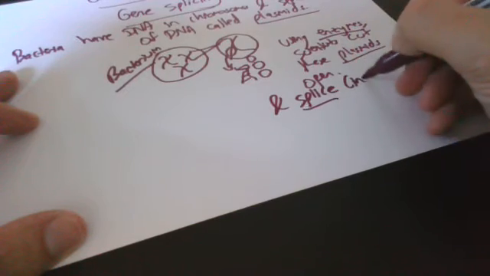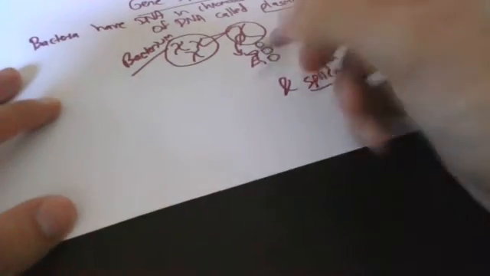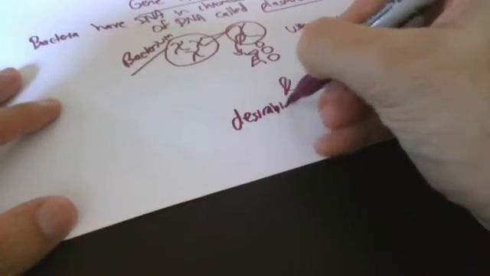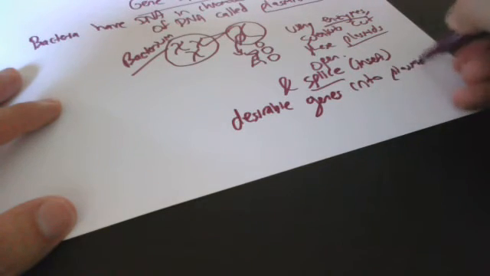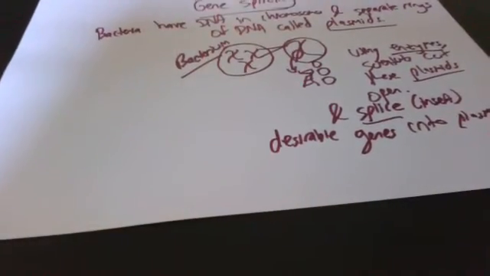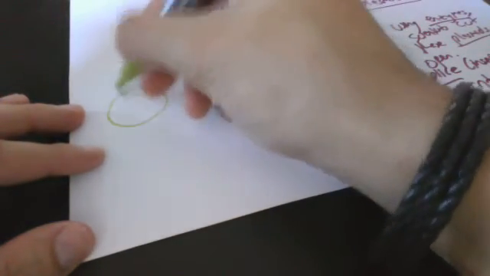Splice means insert. They inserted desirable genes into the plasmids. I'll show you how this is done. So let's say we've got a nucleus, right?